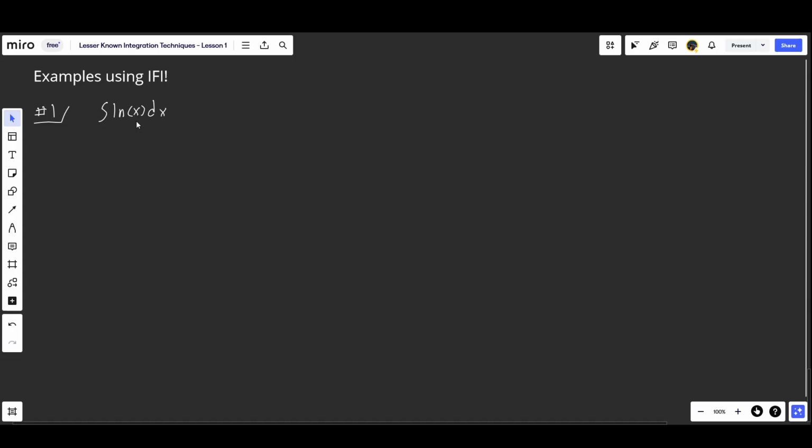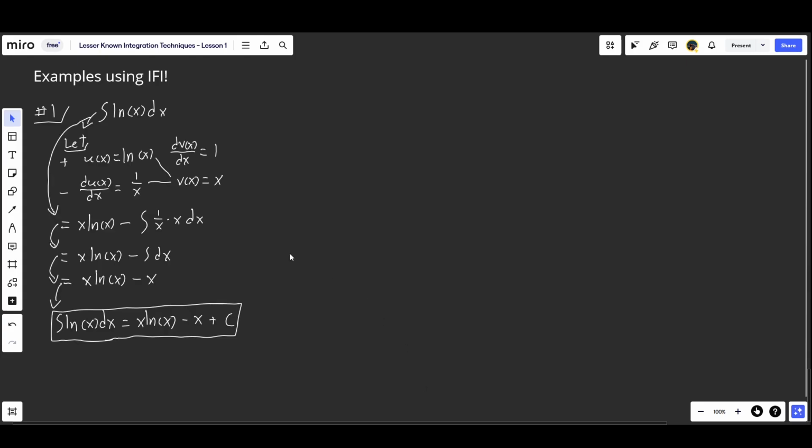So I'm going to first approach this in the more traditional manner using integration by parts, and then I'm going to show you how we can use inverse function integration instead to solve this. The integration by parts way of evaluating this integral is first by recognizing that natural log of x can be viewed as the product of natural log of x and 1.